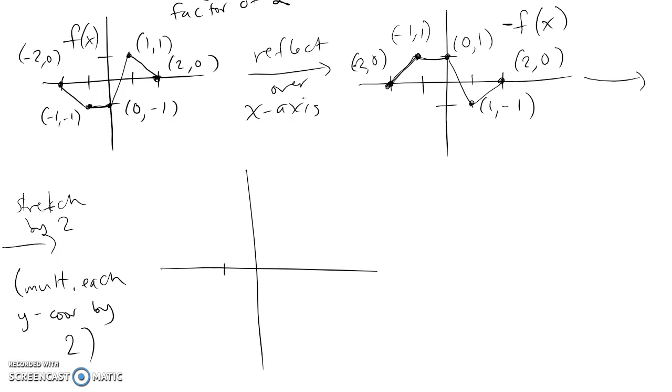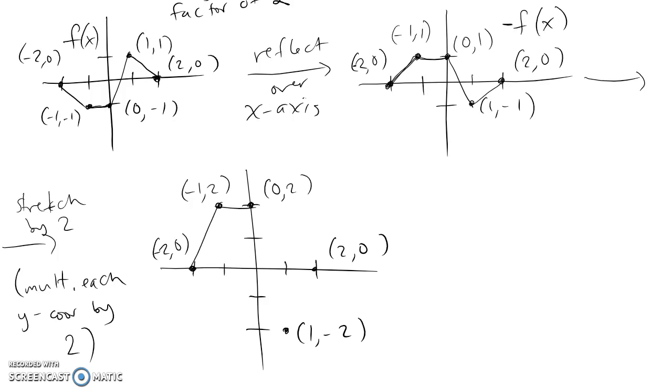Okay, so again, multiplying 0 by 2 leaves us still at 0. But if we multiply a 1 by 2, our point -1 becomes -1, 2. Similarly, we get a point at 0, 2. 1, -1 comes down here to 1, -2, and 2, 0 stays put. So now we have a stretched out graph. We could call this graph minus 2 f of x.